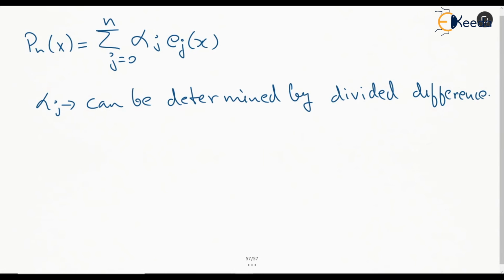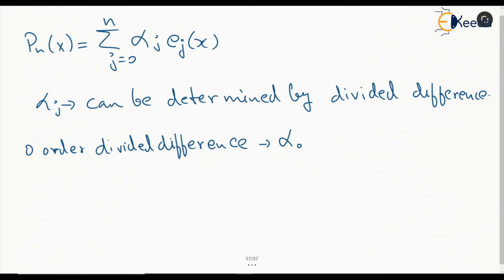We will see some of the basic ones, like the zero order divided difference, which is given as alpha 0 will be f(x0), that is the value of interpolation.